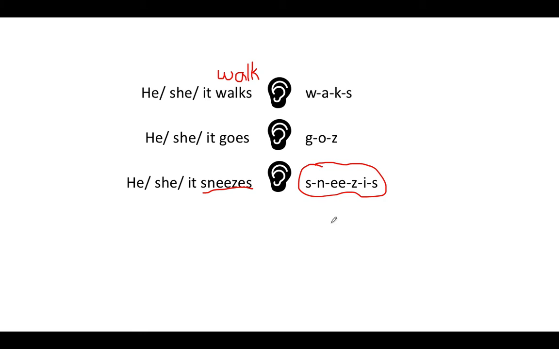If you looked at goes and said it 5 times to yourself, like he goes, she goes, it goes, or just goes, goes, goes, it'll help you remember it. Try practicing the word with the right pronunciation 5 times, and that helps me to remember it better.